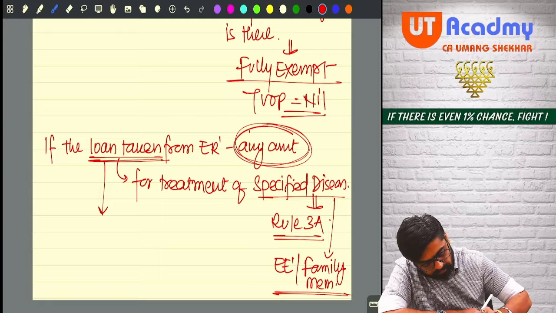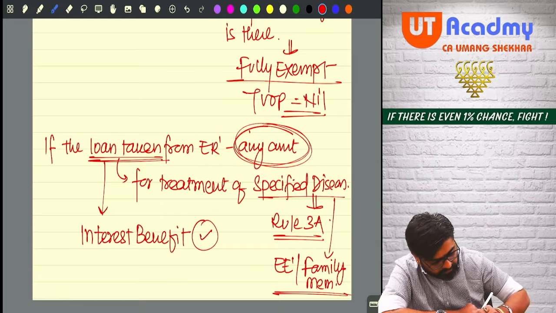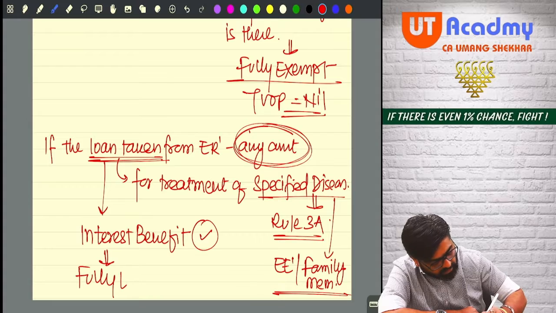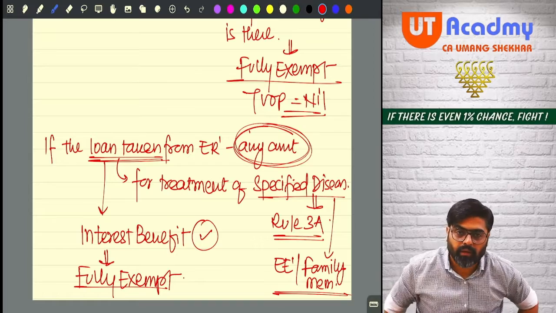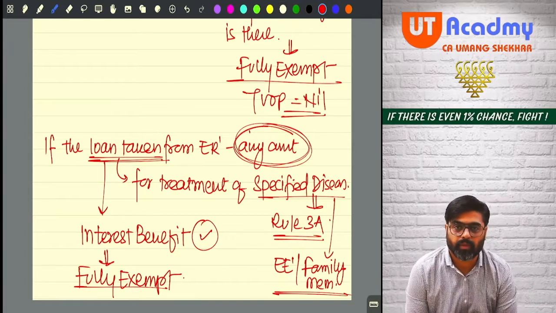On that loan, some interest benefit will arise, but that interest benefit will also be fully exempt, because that interest benefit is not given with an intention to provide any personal benefit to the employee.